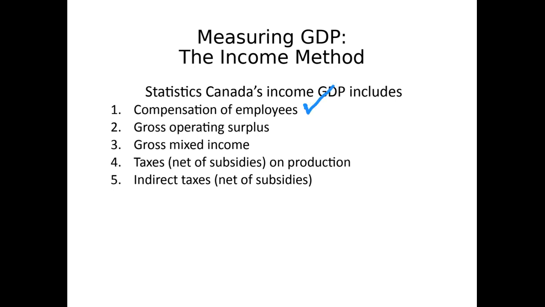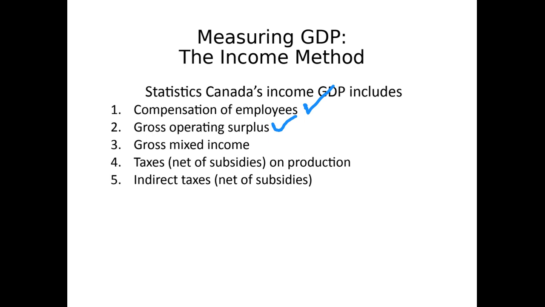Then you have gross operating surplus. This is the profit of businesses. Gross operating surplus means whatever they earn, and then they subtract all their costs, whatever is left, right? So this is their profit. That is also a form of income. Then we have gross mixed income.